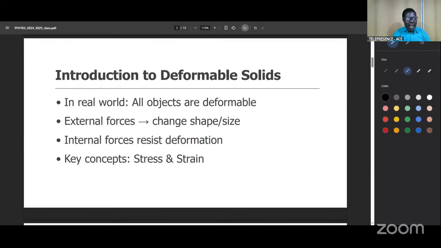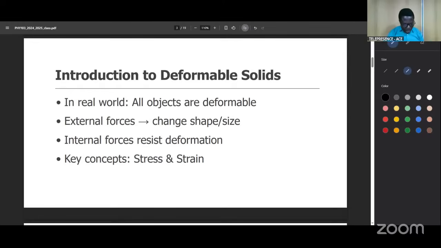Now, I've talked about the external force that causes deformation, that is, change in shape or size. And I've also talked about the internal forces that resist deformation and restore the body back to its original shape and size.